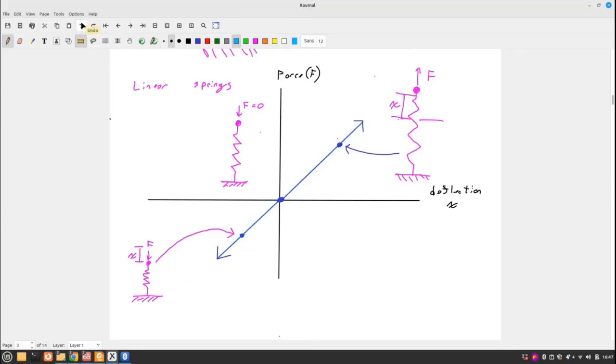Okay, what would a non-linear spring look like? So a non-linear spring might look something like this. For a certain region, it behaves mostly linear, but after it deflects enough, it takes a lot more force to extend it.